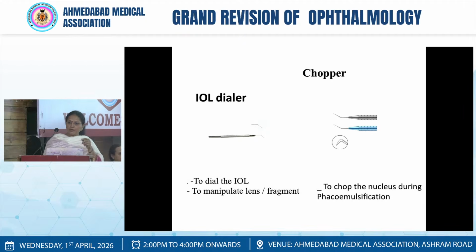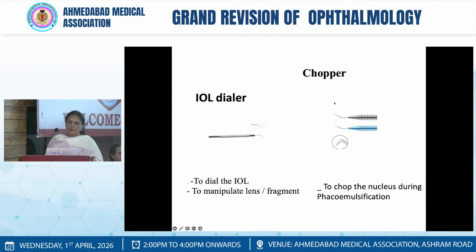It should be held at the junction of the optic and haptic. While if you have used a PMMA IOL with 2 holes, then you can use the simple dialer or Sinskey's hook. And you can even use it to manipulate your lens fragment or lens in the anterior chamber or in the back.